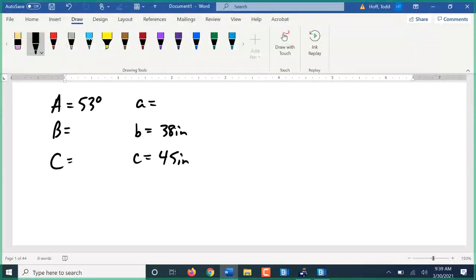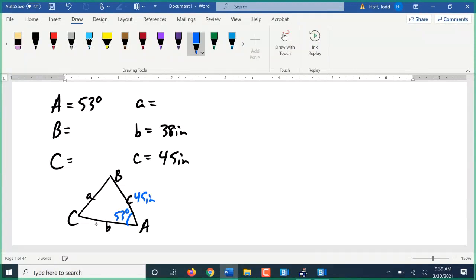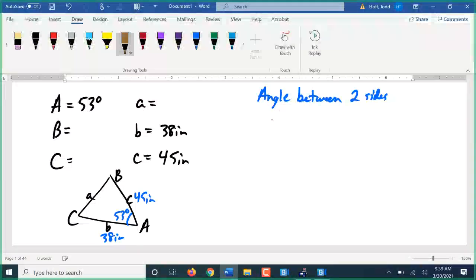If I were to draw this triangle out, you would find that the angle that we have is between the two sides. So the angle is between the two sides. That is what we call the included angle. This is where we have to use the law of cosines.